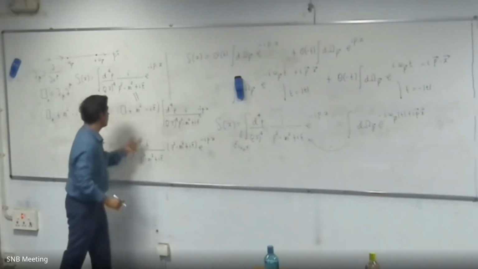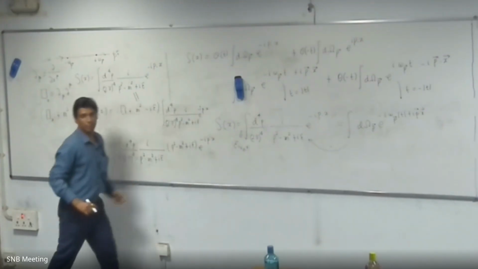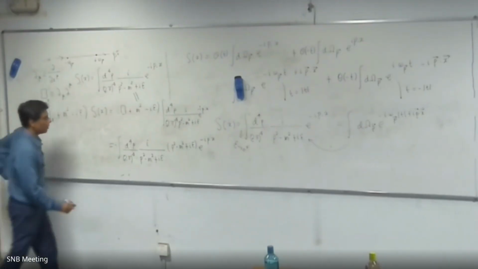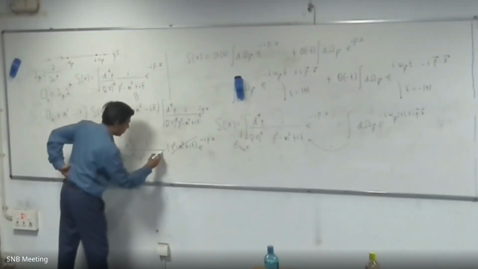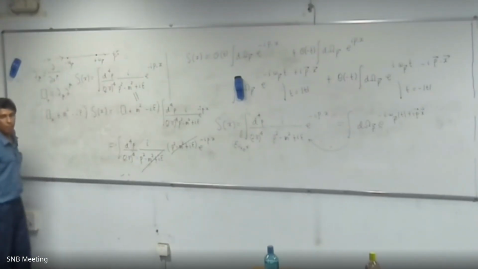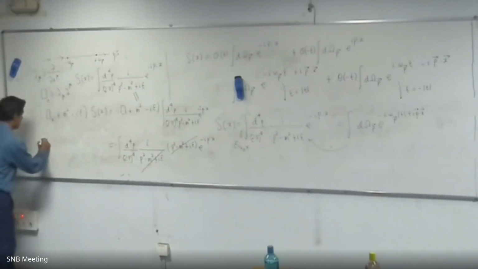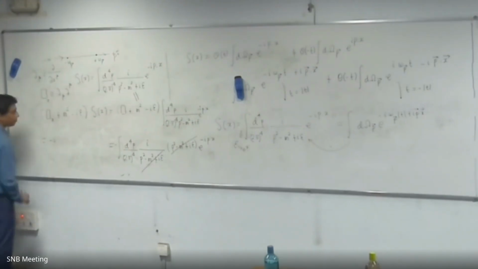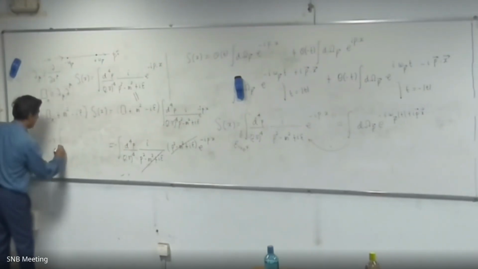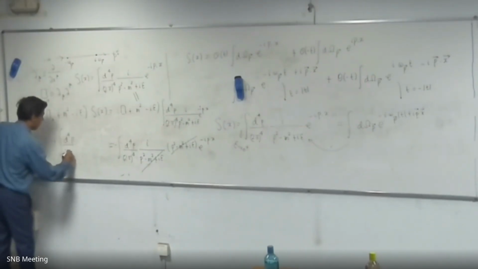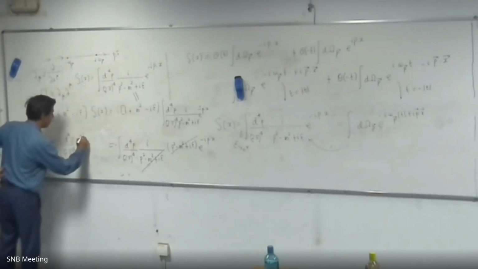So it cancels this, and what you get is minus i times the integral d^4p over (2 pi)^4 of e to the power of minus i p dot x.